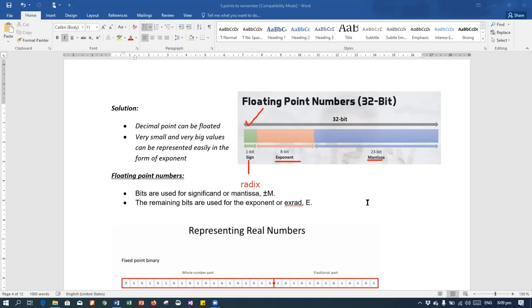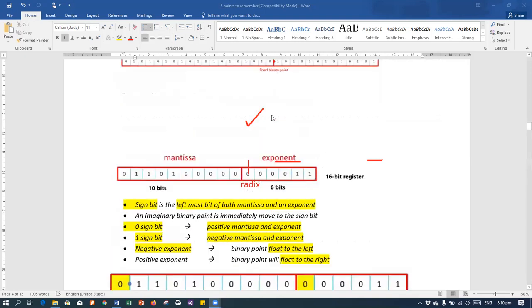At times you get mantissa first and exponent later, or sometimes exponent first and mantissa after the exponent. It is always mentioned in the question how many bits are allotted for exponent and how many for mantissa, and the actual position of both. So we have one sign bit, that is radix, exponent, and mantissa: three components to be considered in case of floating point numbers.